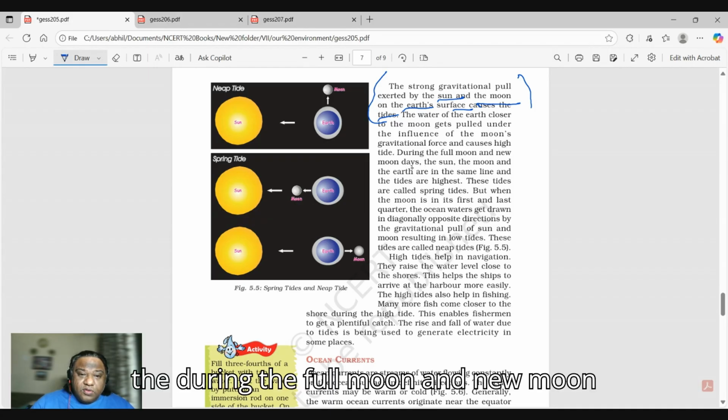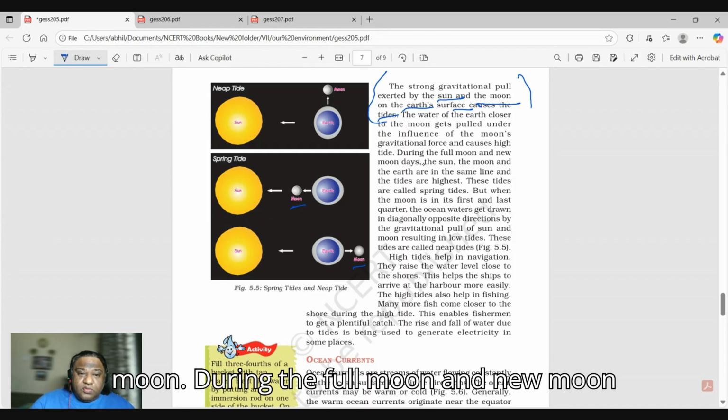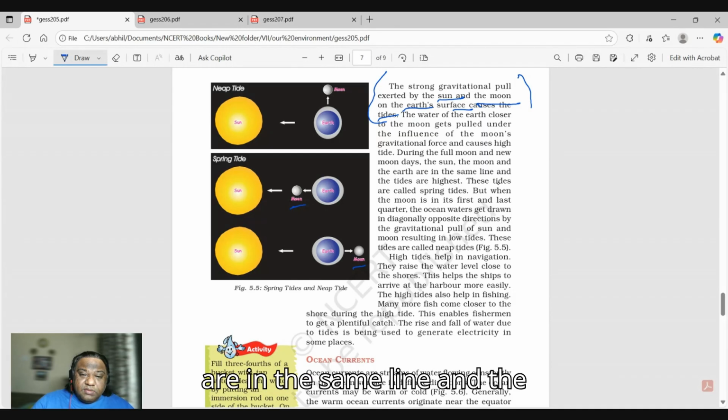During the full moon and new moon days, this is Amavasya, this is new moon, this is full moon, the sun, the moon and the earth are in the same line and the tides are highest. These tides are called spring tides.